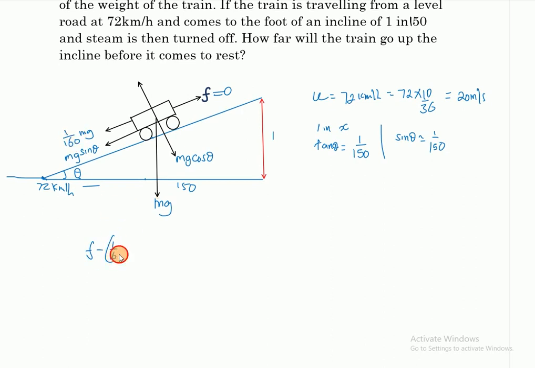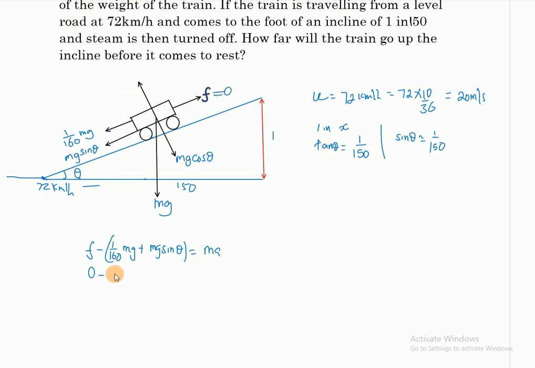So this is 1 over 160 mg plus mg sin theta equals ma. This is the resultant. But remember F is 0 because the engine is switched off.